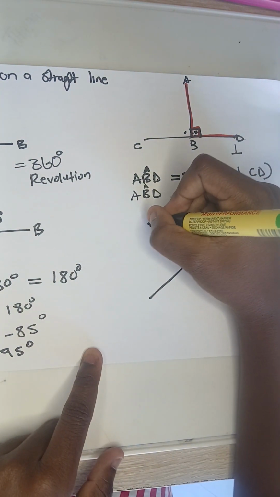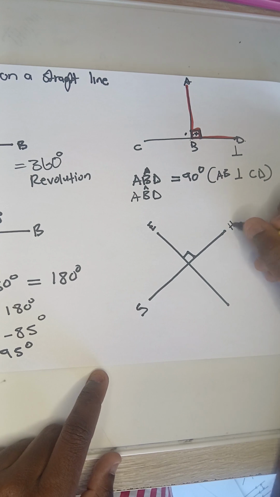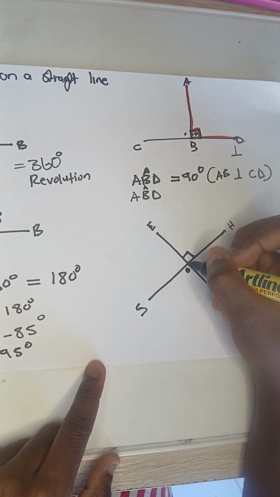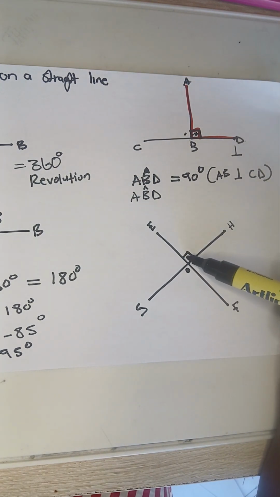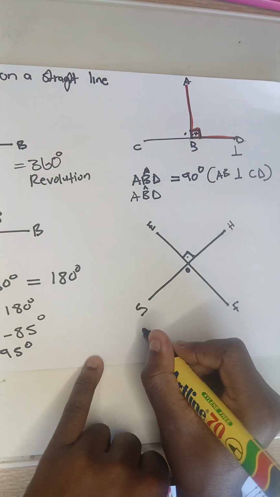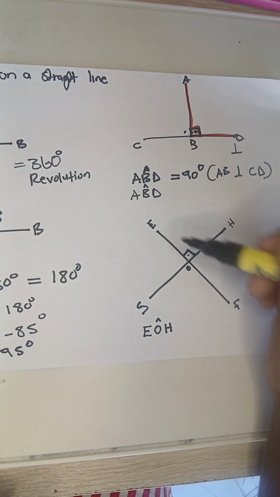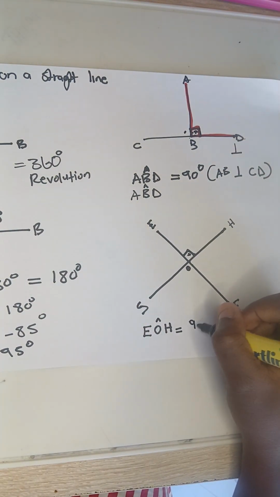Maybe let's say here it's E, here is G, here is H, here is F. Then here it's O. This point is O. Because we are talking about this angle now, EOH, like this, EOH, this one is equal to 90 degrees.